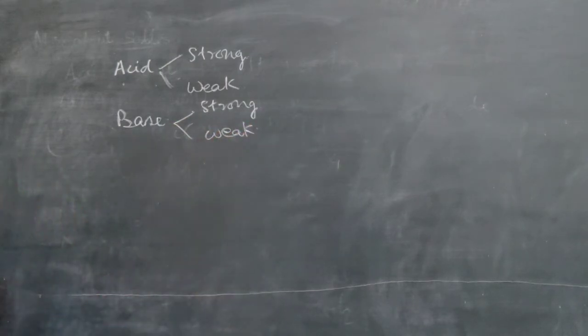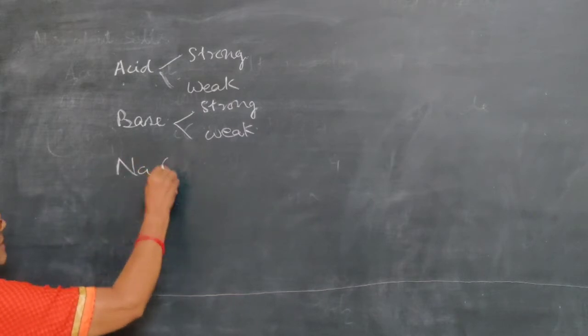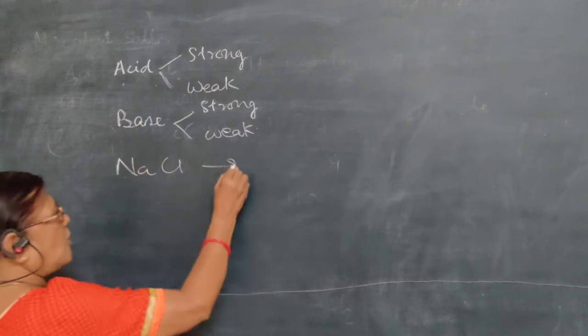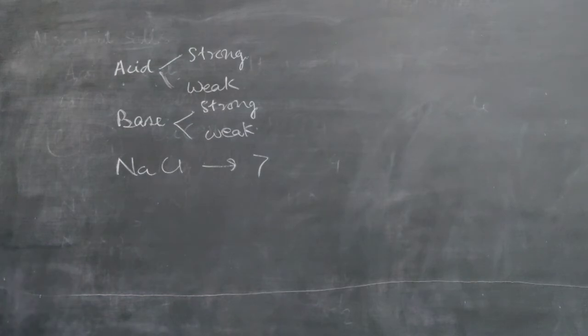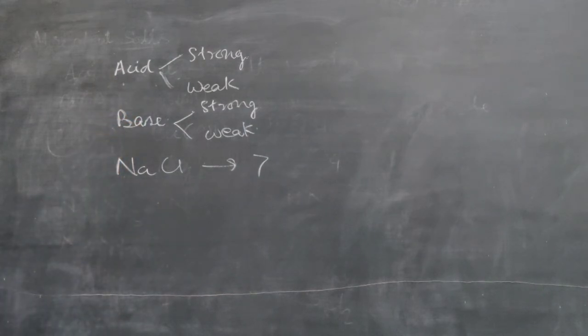Now first we take the example of sodium chloride. Sodium chloride shows a pH of 7. You know the solution which shows a pH of 7 is neutral. So the acidic and basic nature of the salts can be decided on the basis of the acid and base used. You know the definition of strong acid and strong base.